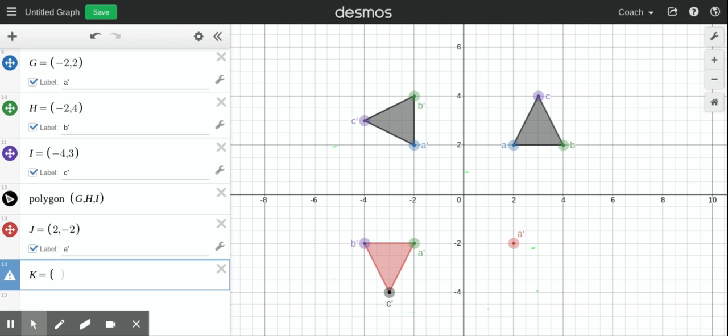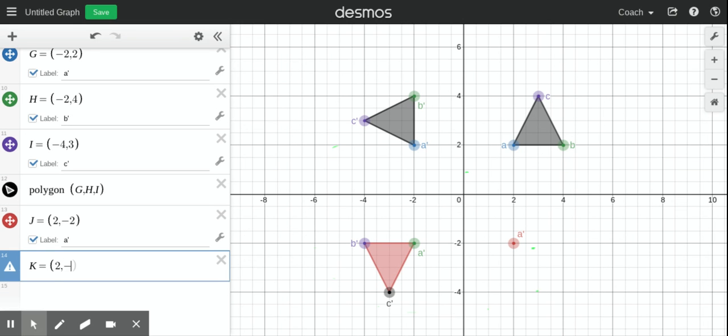All right, now we've got B. The original B was (4, 2). So we have now (2, -4), B prime.